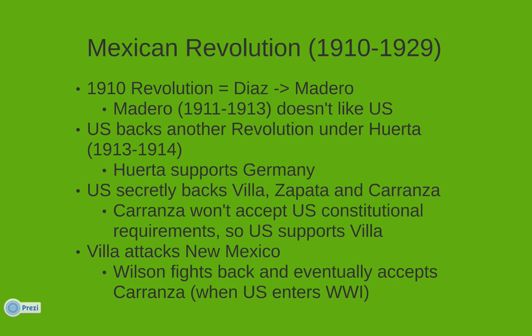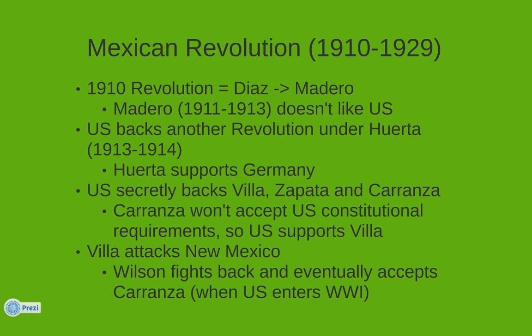But then when Huerta comes into power, he's in close negotiations with Germany, which bothers the United States, and so the United States secretly backs a few other revolutionaries who are trying to overthrow Huerta. And when one of them, Carranza, comes into power and won't negotiate with the United States about how they want to set up their constitution so that the neighbor to the south of the United States is civilized, or however Roosevelt would have put it in his corollary, when that doesn't work out, the United States supports someone else, and this is Pancho Villa.